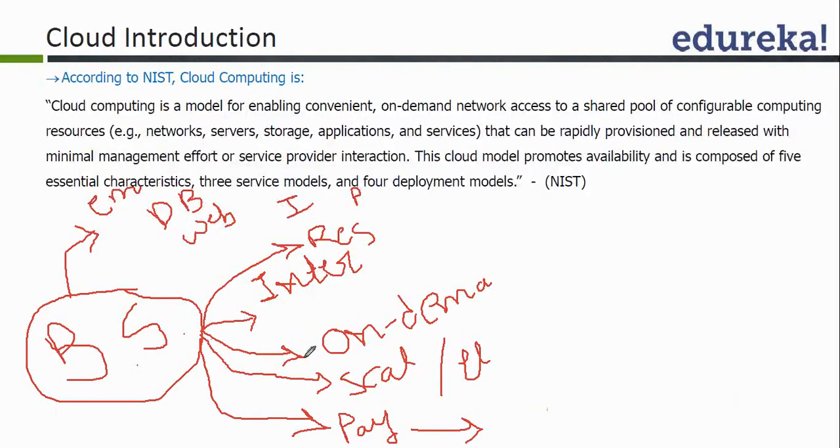It should be available on demand. It should be scalable in nature, so whenever you want to scale up or scale down, it should be able to, use its resources optimally and follow the pay-as-you-go model. That is called cloud computing.